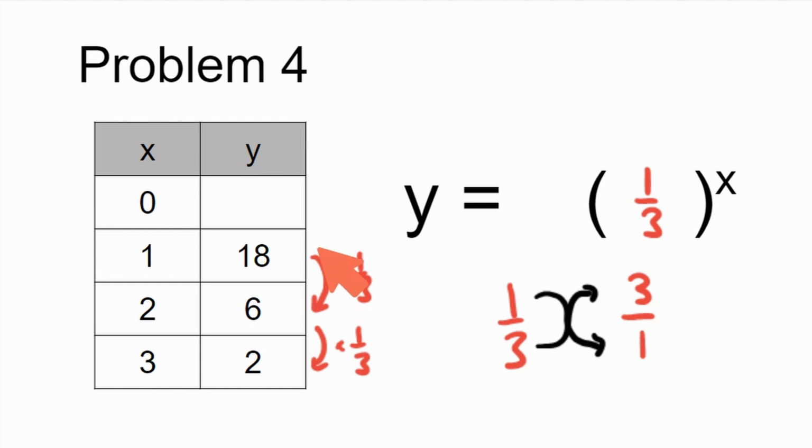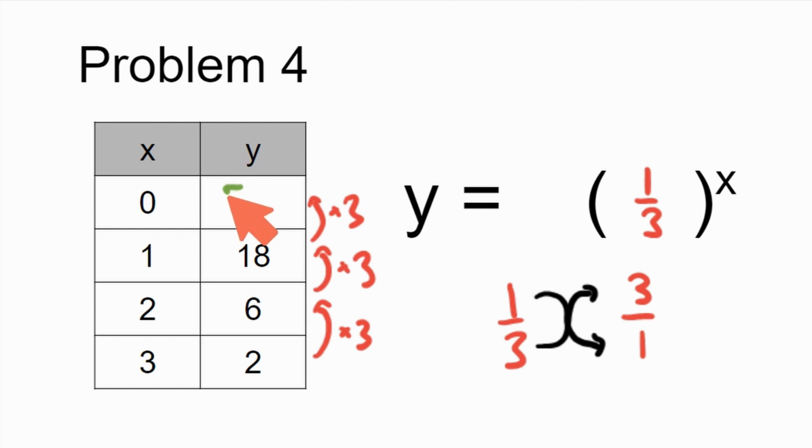So going down, we multiply by a third, and moving back up, we're multiplying by times 3. 2 times 3 is 6, and 6 times 3 is 18. So what's our initial value going to be? If we multiply by another times 3, what's 18 times 3? We see that 18 times 3 is going to be 54. So we're at 0, we're at 54, so our initial value is going to be 54. So we have the equation y equals 54 times 1/3 to the x.